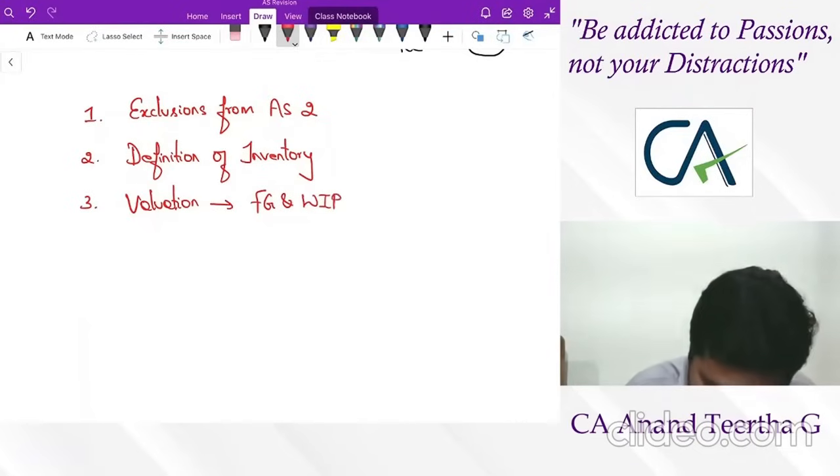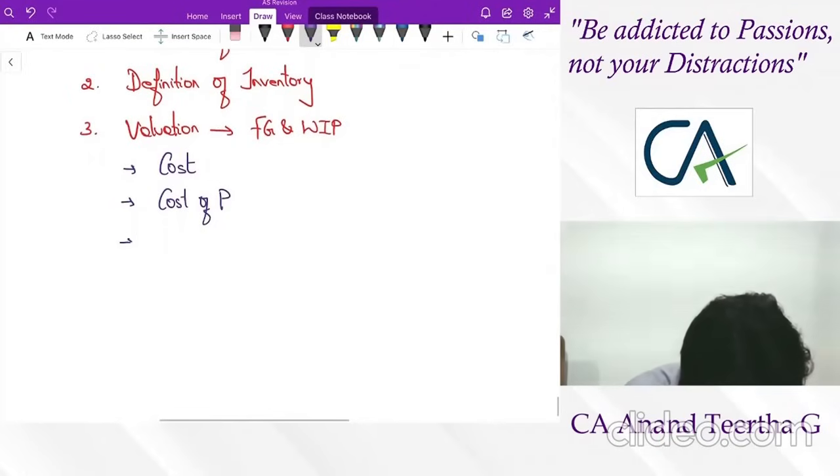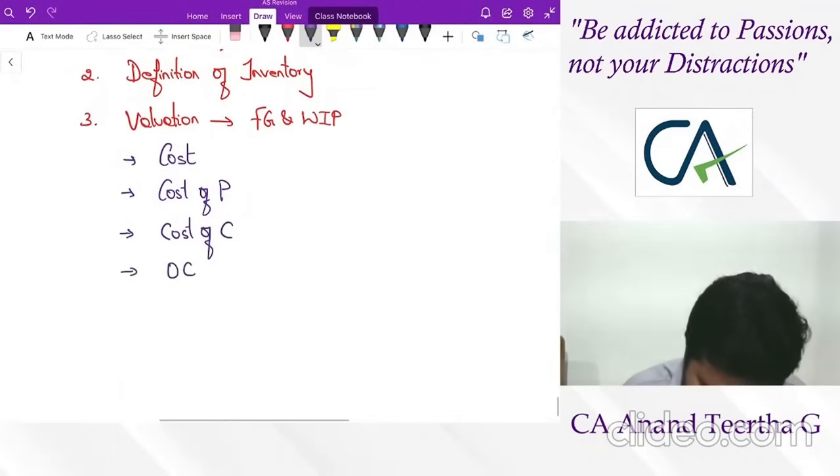For that, there are certain sub points. What are those? One, what do you mean by cost? Second, what do you mean by cost of purchase? Third, what do you mean by cost of conversion? Fourth, what do you mean by other cost?